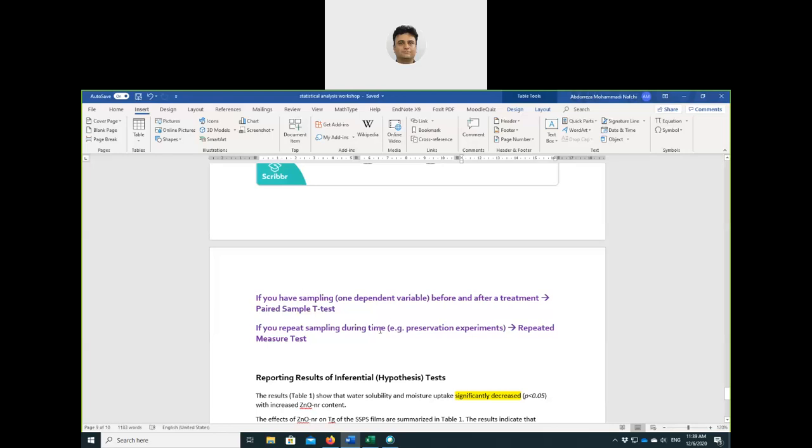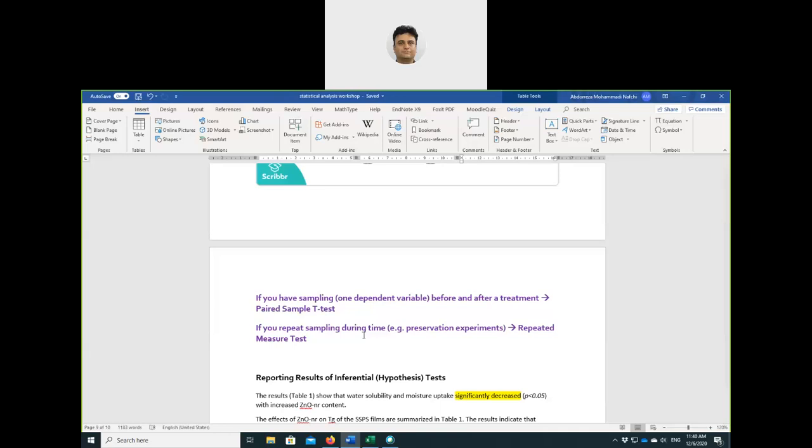If it's repeated for more than two times, or maybe you are doing a medical test for cancer patients, they take medicine and you check something in the blood count, measuring over time, after 2 months, after 3 months, and so on. If it's repeated, you must use repeated measures.